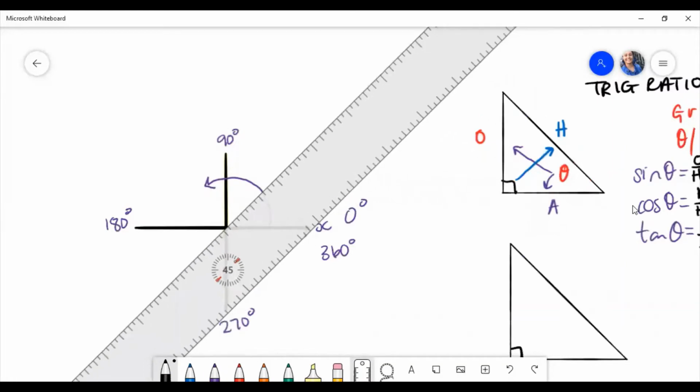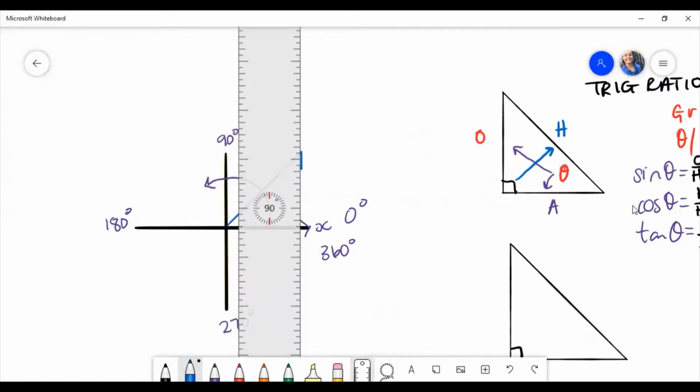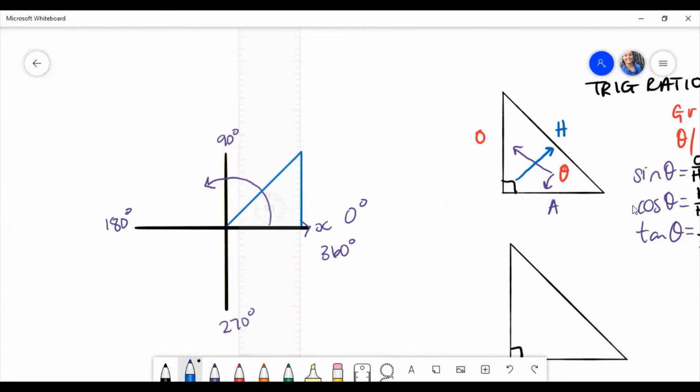Now, within the Cartesian plane, we then learned to deal with this 90-degree triangle off the x-axis, and we labeled it according to our y-coordinate that we know exists here, our x-coordinate that we know exists here, and a radius r that we calculated there.